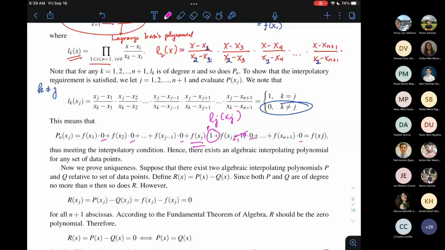So pag nagpa-plug in tayo ng mga abscissas, lahat ng terms doon sa algebraic interpolating polynomial ay magzi-zero except kapag nagmamatch yung index ng Lagrange basis polynomial at nung abscissas, leaving us with the function value of x of j. Parang ang dali lang, ang napaka-logical nung pagkakagawa ng Lagrange basis polynomial. Naunahan lang tayo ni Lagrange, ano?